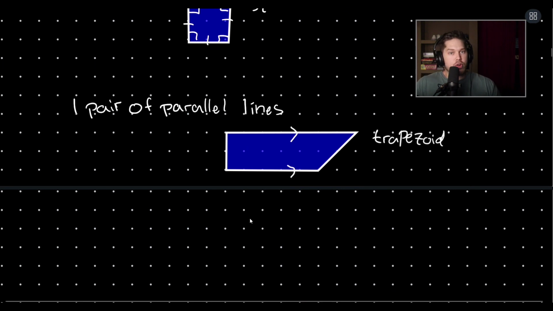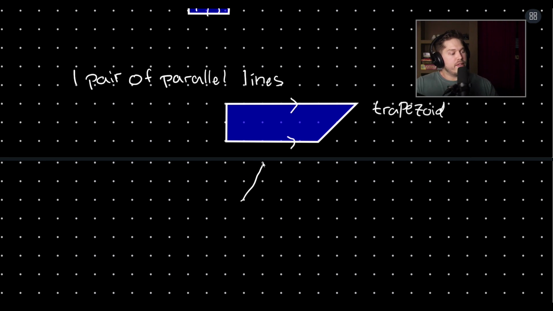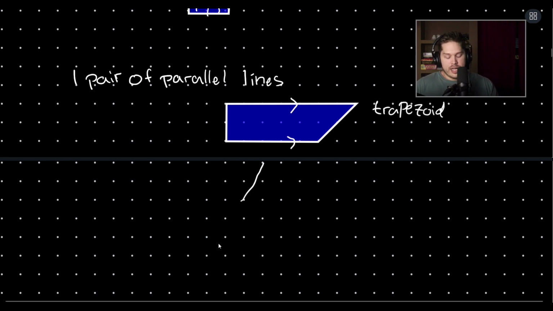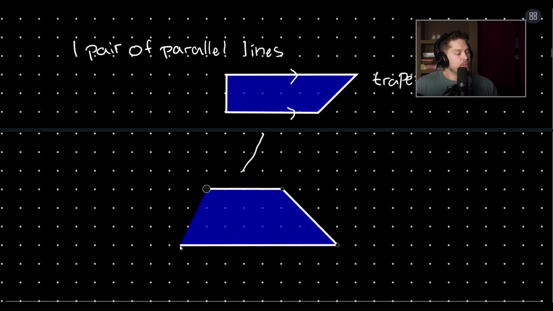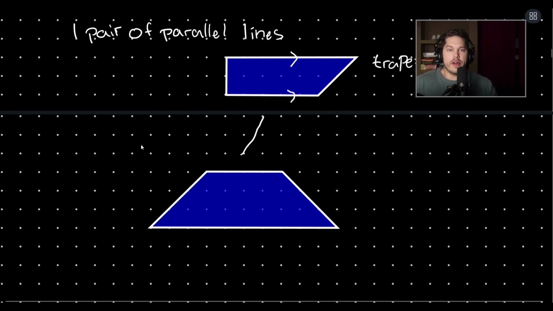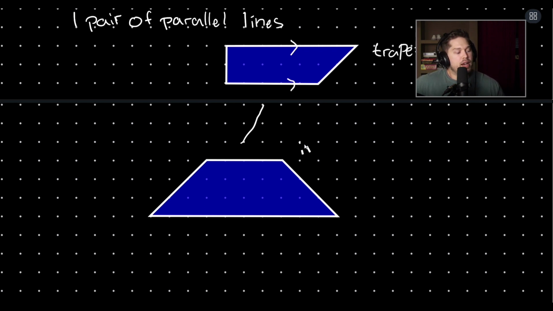However, there is a special trapezoid, and that special trapezoid is, here, let's draw it out. It is an isosceles trapezoid. An isosceles trapezoid, it's similar to what you might think when you think of an isosceles triangle. This is an isosceles trapezoid.